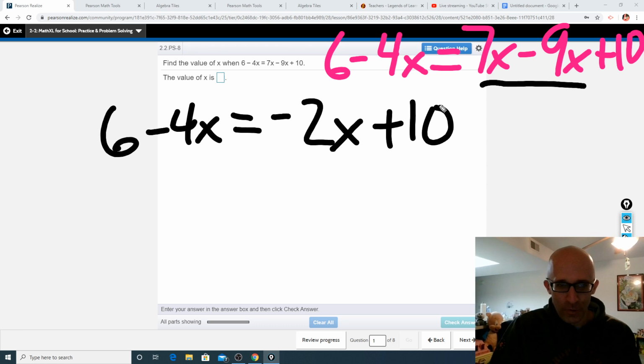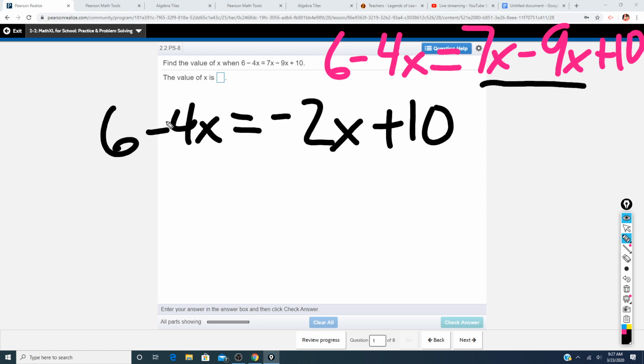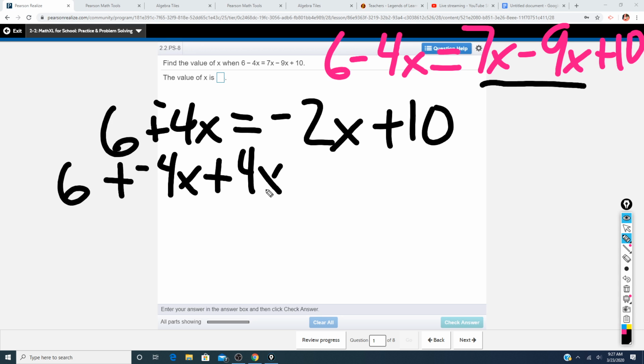So now, what do we do? We want to get x to one side. In my specific instance here, I would want to kick this negative 4x, or this plus negative 4x, to the other side. How do we do that? If we're adding this, we're also going to add its opposite.